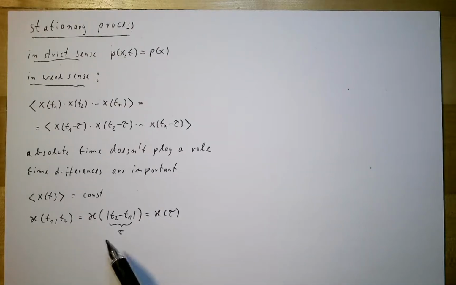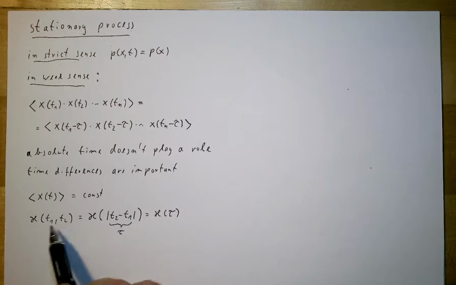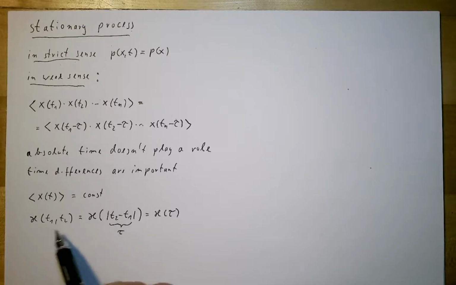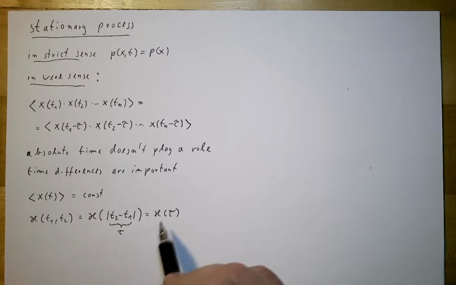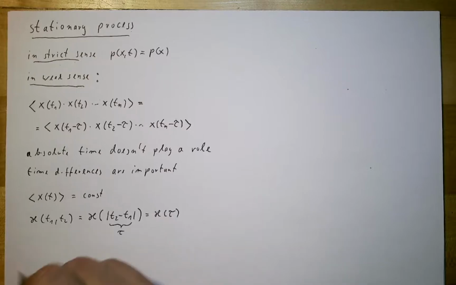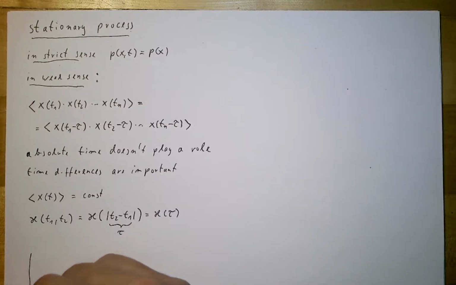So here stationary means, of course, when we go in the future, the random variables in the future differ from the random variables before, but it only depends how far we go in the future. It doesn't matter what's the absolute value. And this means the autocorrelation function is just a function of a single variable, and this can be plotted.